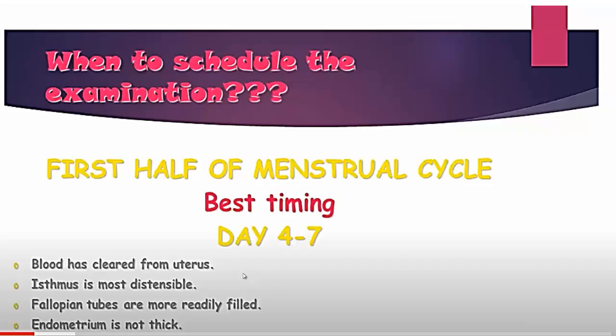Why? Because by then the blood has cleared from the uterus, the isthmus is most distensible, the fallopian tubes are more readily filled, and the endometrium is not thick.